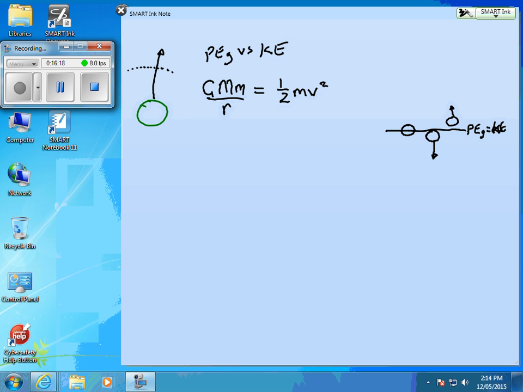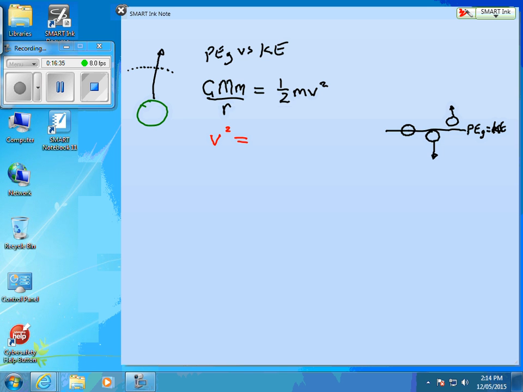So, rearranging this equation, I can work out what that point is for any given mass in any given planet. So let's do that quickly. I'm going to put v squared on this side, because that's the subject.